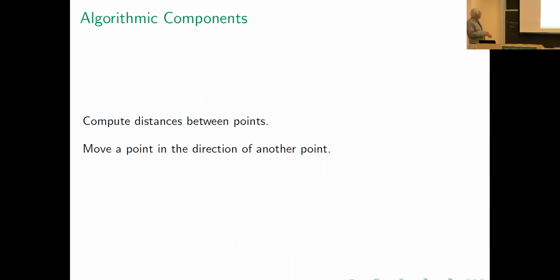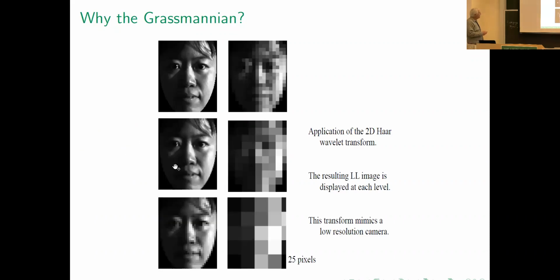But all you need is to be able to calculate distances between points, and then, once you have this distance, to be able to move one point in the direction of another. This is great because the idea that we have with subspaces, with the Grassmannian or the flag, will all carry over, because we just need to be able to calculate in that way.